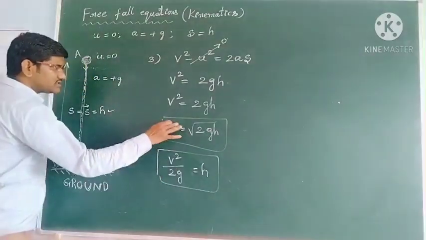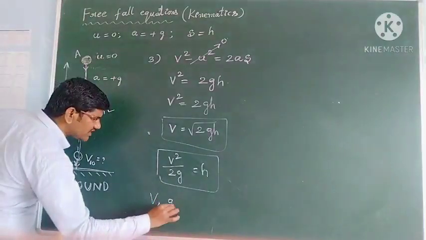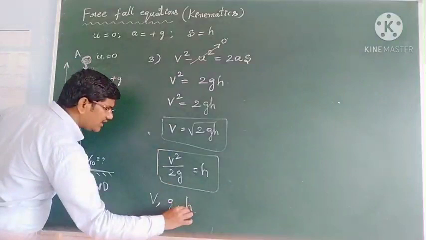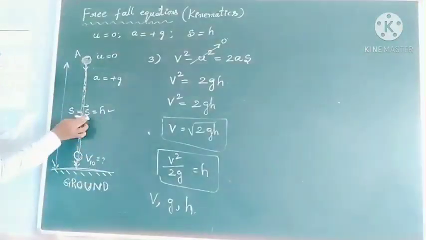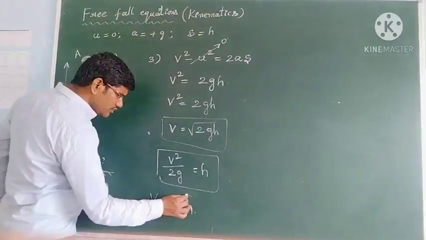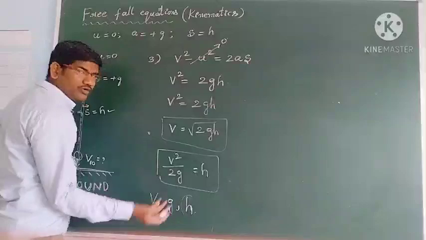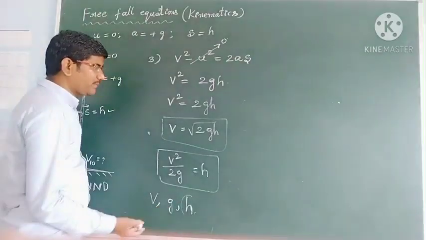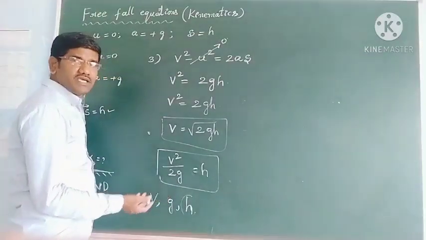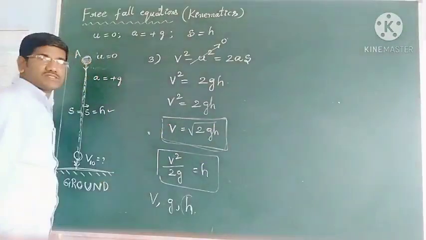You see students, the variables are v, g, h. Here h or s is the displacement or distance fallen, that is called h. If any two are known, you can find the third unknown one. So this is the equation, remember it students.